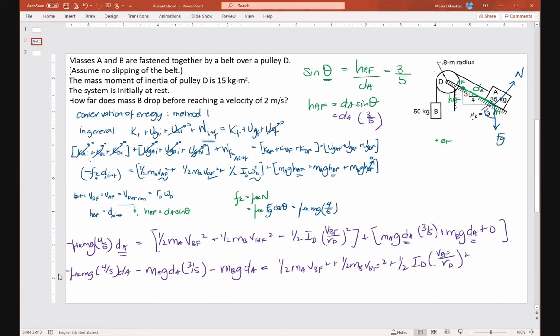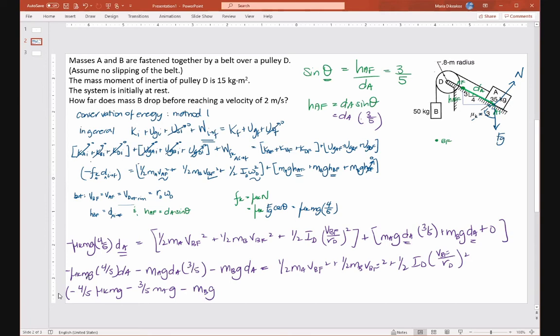Now just simplifying things, factoring out the dA and leaving the rest of the factors there. Mu k mg 4/5. Actually, I'm going to bring the numbers out in the front. 4/5 mu k mg minus 3/5 mag minus mbg.